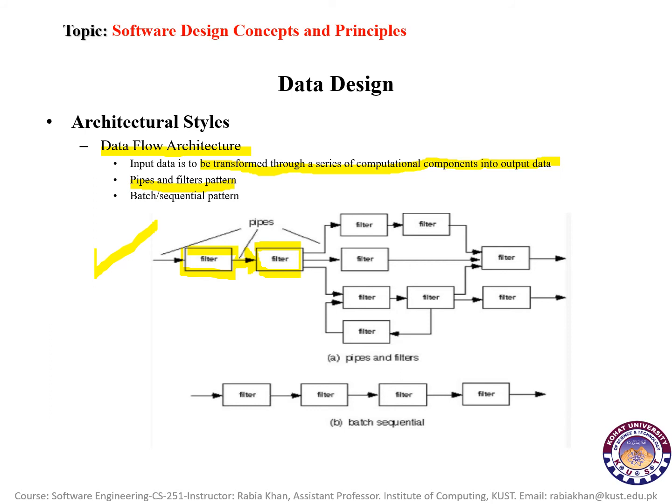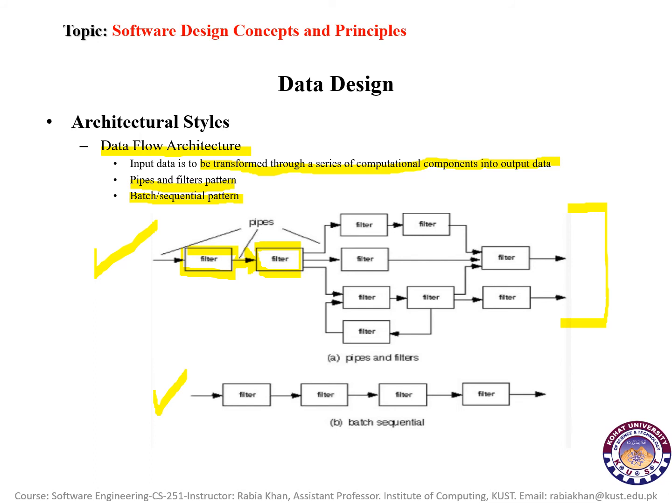The next design pattern within data flow architecture is known as the batch pattern or the sequential pattern. If the data flow degenerates into a single line of transforms, then it becomes the batch or sequential pattern. In pipe and filter, data is moving downstream or upstream at different levels.